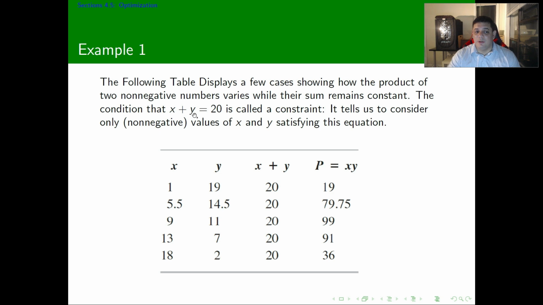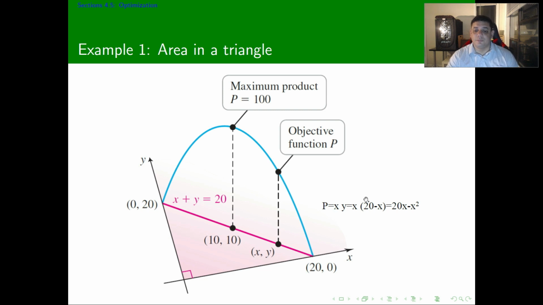So, of course, what we can do is replace one of these variables. Notice that we can say y is 20 minus x and replace it in the product. So my product is going to be now x(20 minus x), right? This is x times y, and x times (20 minus x) becomes 20x minus x squared. That's a quadratic function, giving me a parabola that is opening down.